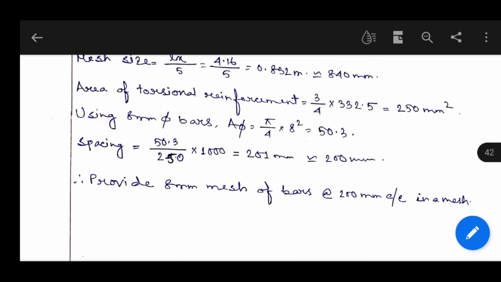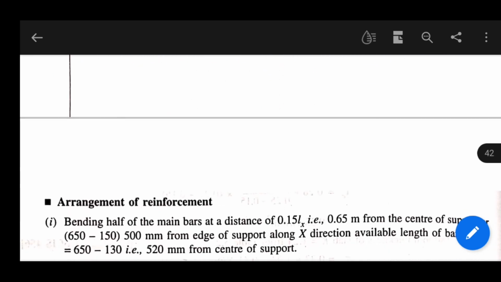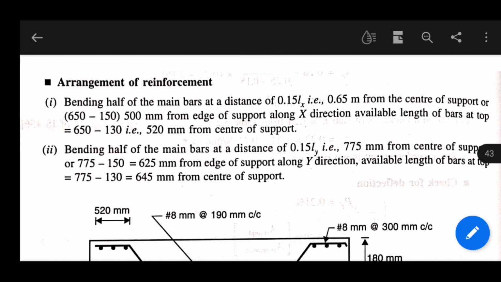Now it is time to arrange the reinforcement before the drawing. So before starting this arrangement, just check once the IS code provision about this arrangement.